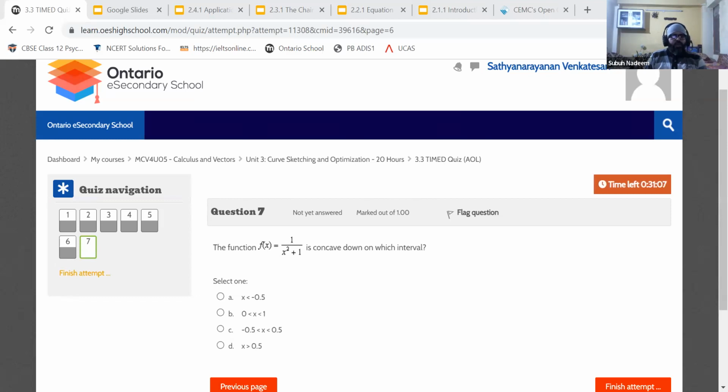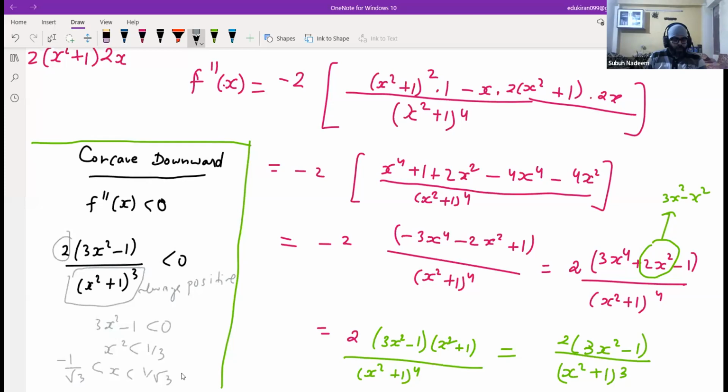Minus 1 by root 3 is approximately minus 0.8 to 0.8.